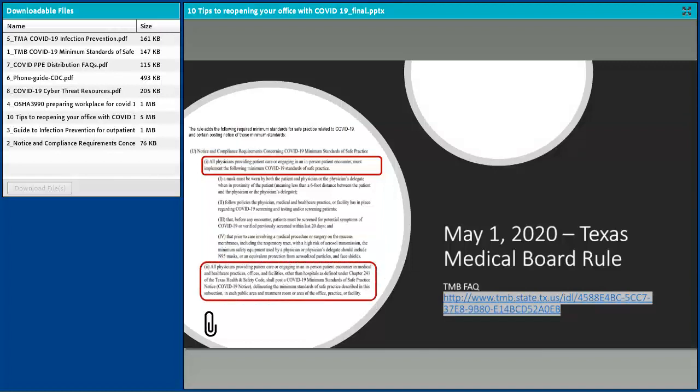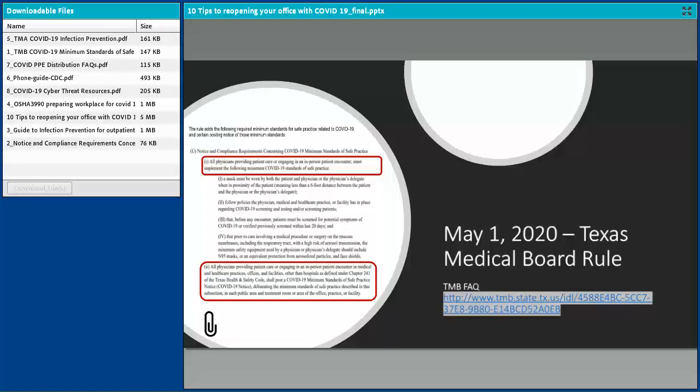And all physicians providing patient care or engaging in in-person patient encounters, and other hospitals as defined by Chapter 241 of the Texas Health and Safety Code, must meet these minimum standards.